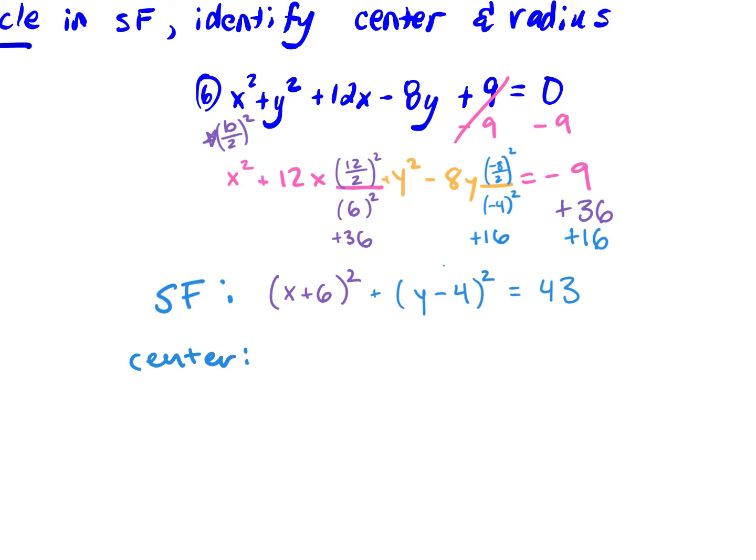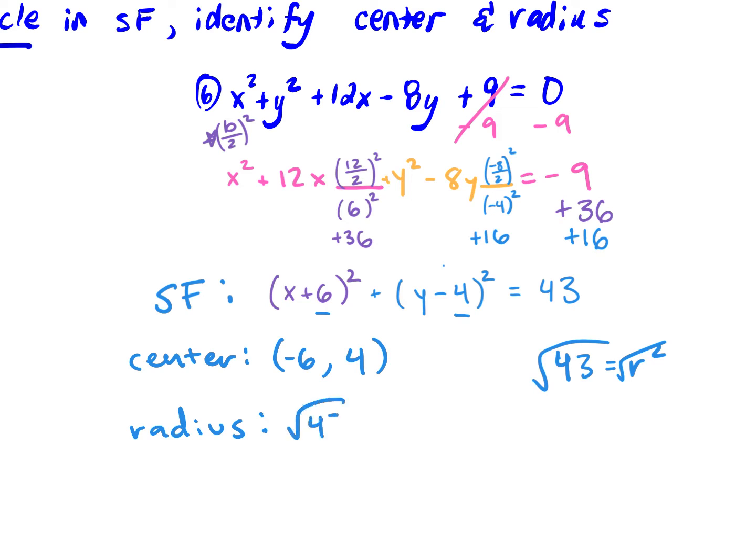So what would my center be? Perfect. Negative 6, 4. Because that comes from our h and k, but we changed the signs. And then what's my radius? Square root of 43. Remember, 43 is r squared. So to find what just r is, I take the square root of both sides. If you can simplify it, but we can't simplify the square root of 43.